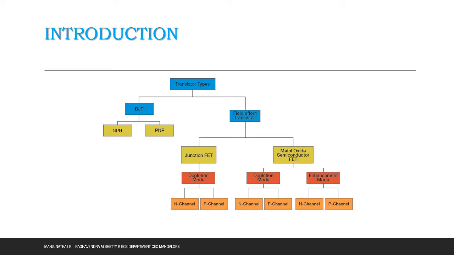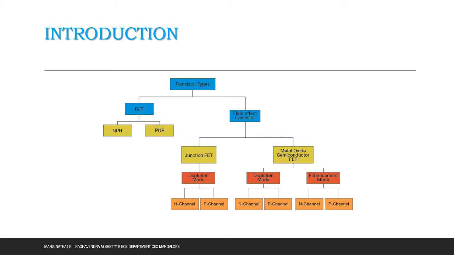Next, moving on to field effect transistor. FET basically has two different types, junction FET and MOSFET. Now we'll look at MOSFET, which stands for metal oxide semiconductor FET.